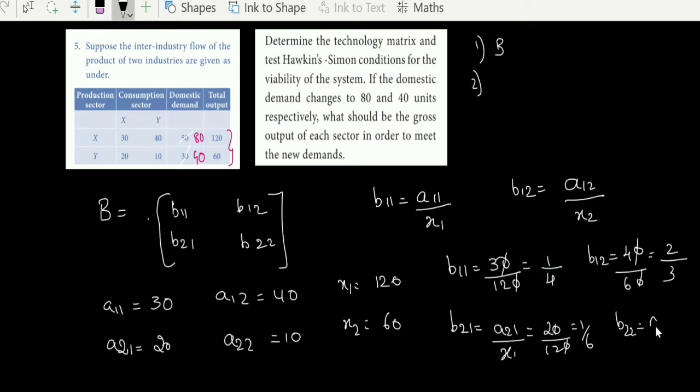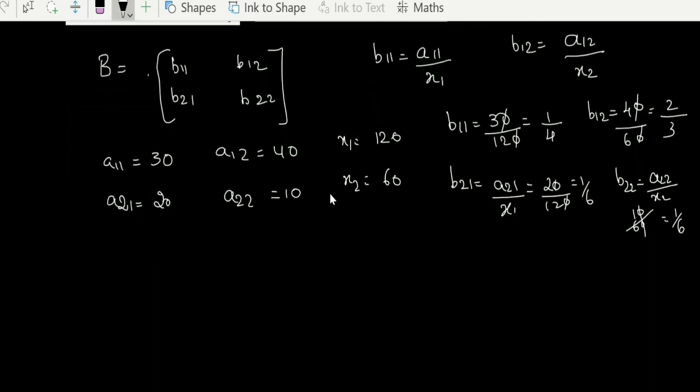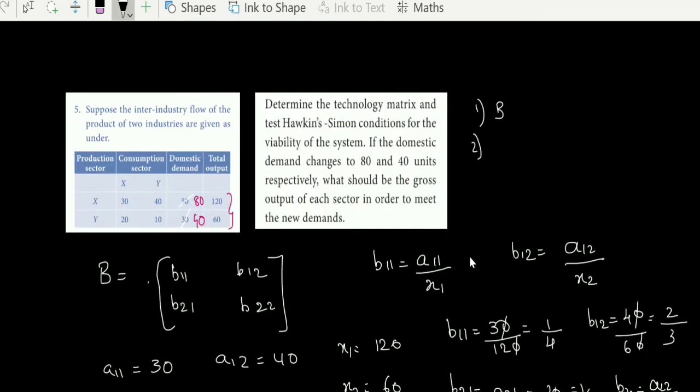B22 is A22 by X2. That is 10 by 60. That is equal to 1 by 6. So we found the matrix B. This is the technology matrix. The matrix B is called the technology matrix. So let us write the technology matrix as 1 by 4, 2 by 3, 1 by 6, 1 by 6. This is your matrix B. So this is nothing but the technology matrix.